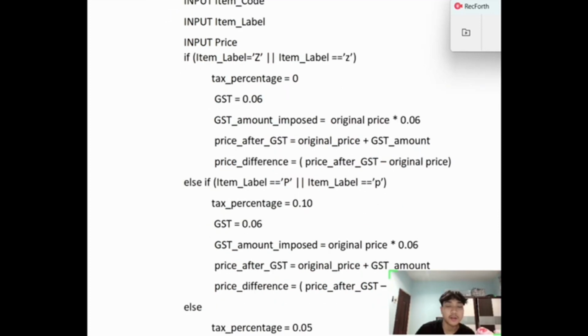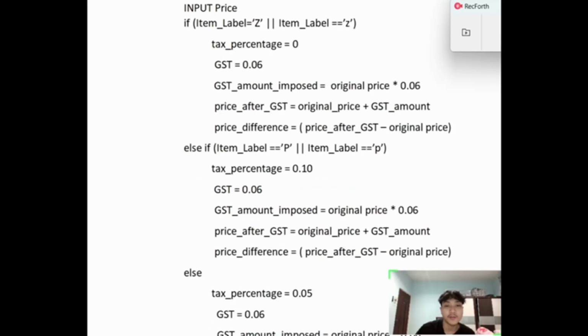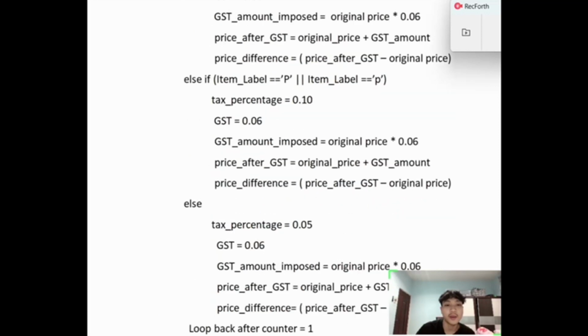tax_percentage equals 0.10, GST equals 0.06, GST_amount_imposed equals original price times 0.06, price_after_GST equals original_price plus GST_amount, price_difference equals price_after_GST minus original price.